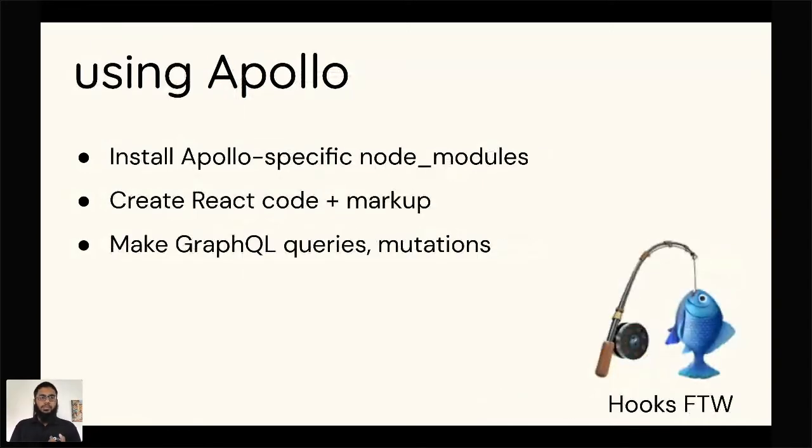You use the specific node modules, then write some React code for what you want to do, make GraphQL queries or mutations, and use React hooks, like we discussed in yesterday's conference.